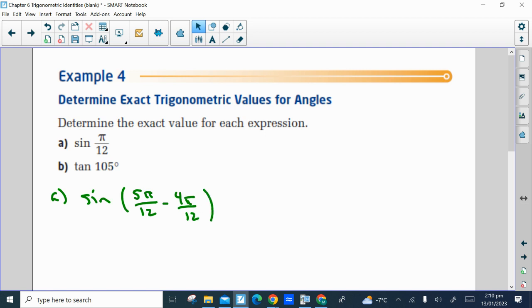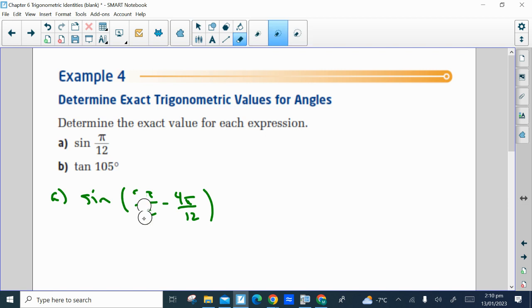You could not use those two angles because 5 pi on 12 is not on the unit circle. 4 pi on 12 actually is, though, because you can reduce that to be pi on 3. 4 pi on 12 reduces to pi on 3, and that is on the unit circle. But 5 pi on 12 is not. So you need to use two angles that are on the unit circle.